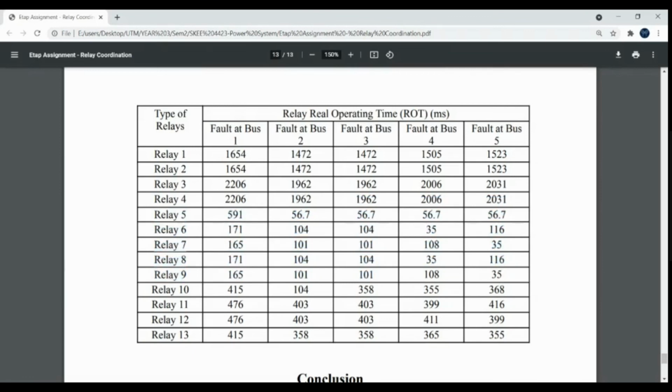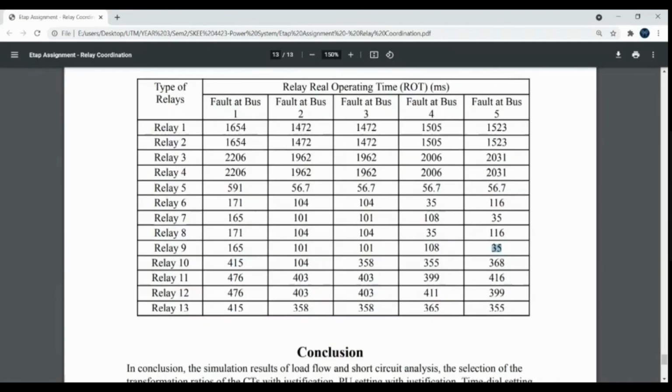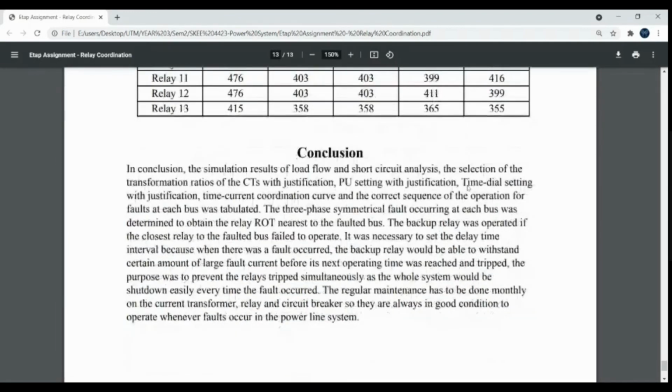When the fault occurs at bus 4, relay 6 and relay 8 will operate first, then followed by relay 5 and other relays. And when the fault occurs at bus 5, relay 7 and relay 9 will operate first, then followed by the other relays.